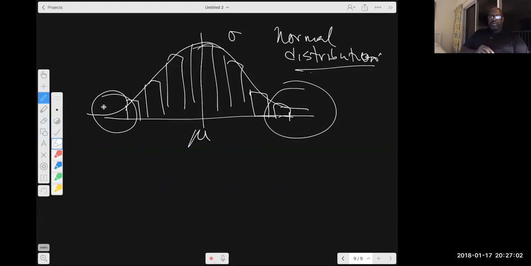And with this distribution, it turns out that if we have our sample coming from that shape of a population, if we calculate Z scores, or if we calculate X bar and S, there's a particular rule that applies.